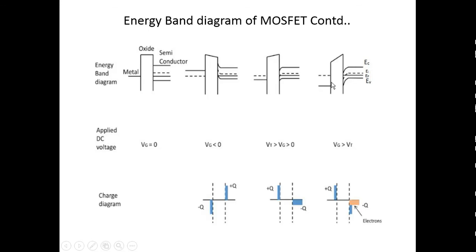So here the intrinsic Fermi level and actual Fermi level of the device are coinciding with each other when the gate voltage is greater than 0, that is positive, at the same time less than the threshold voltage. The device has not started operating, it is just about to start operating. If Vg is greater than Vt, the device starts operating. So what is that condition? We will see.